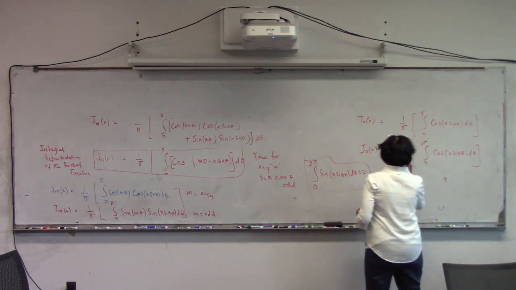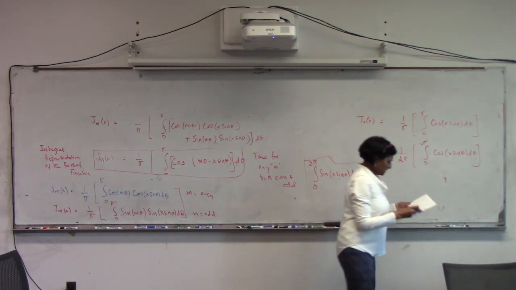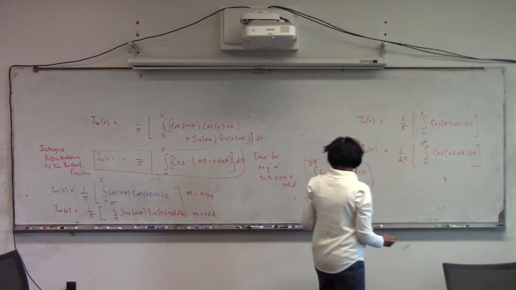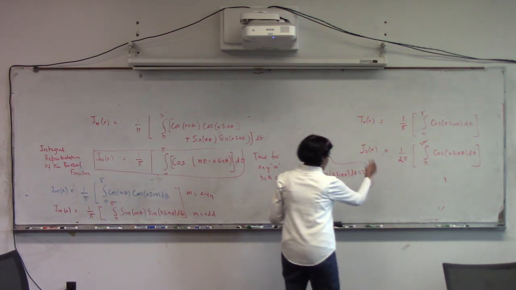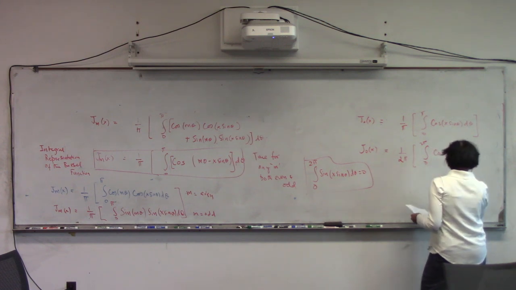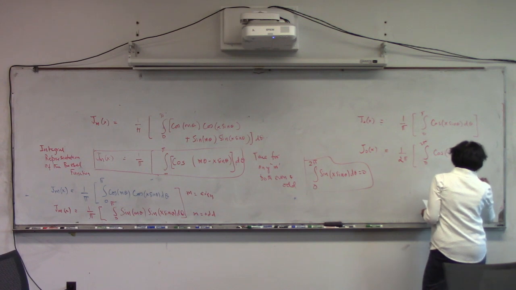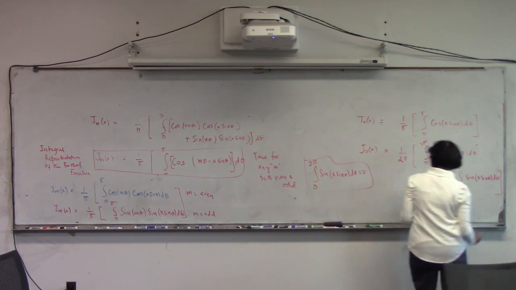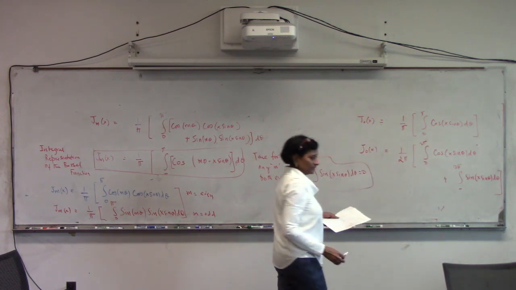So I can add the term: 1 over 2 pi times the integral from 0 to 2 pi of sine of x sine theta d theta, because that's 0.